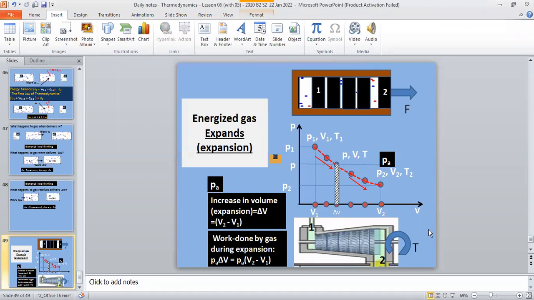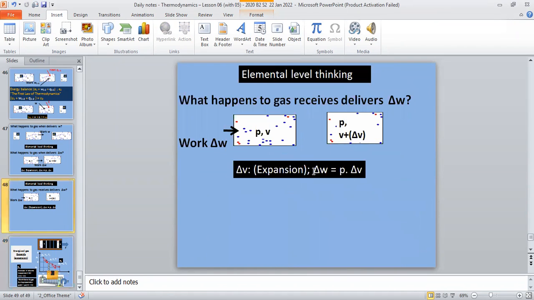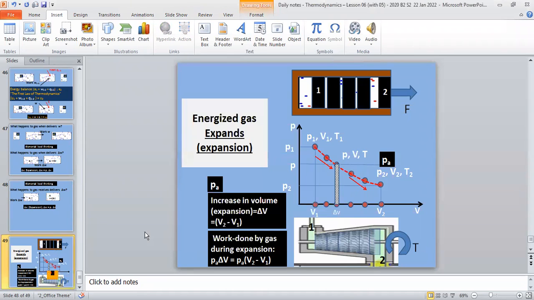Yes, very nice. So P, the value here, delta V here. So P times delta V is delta W. Area is delta W.